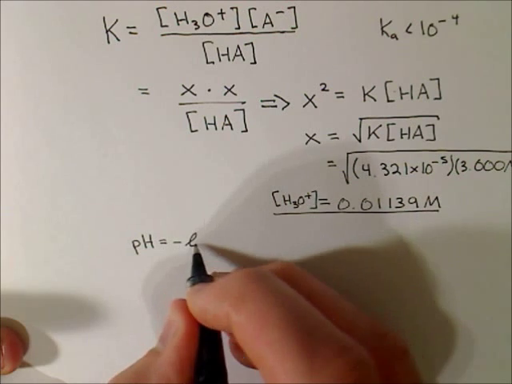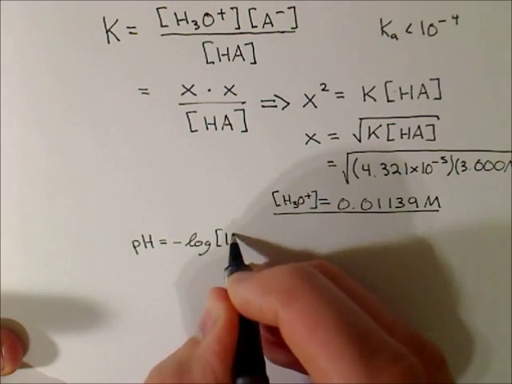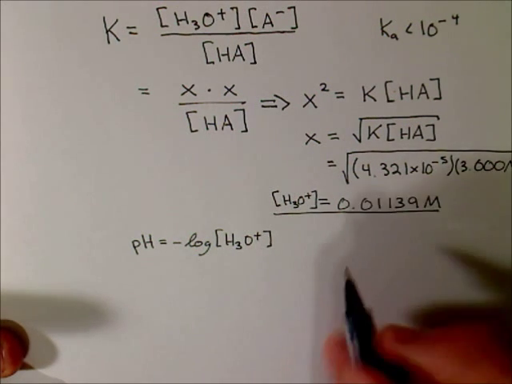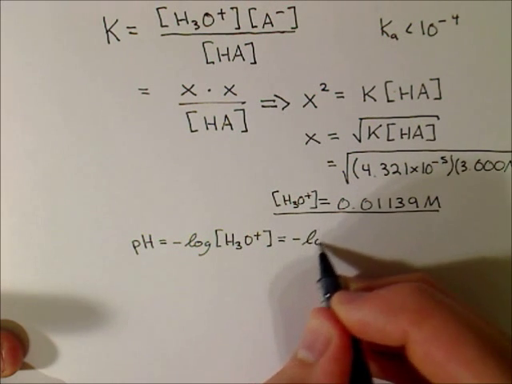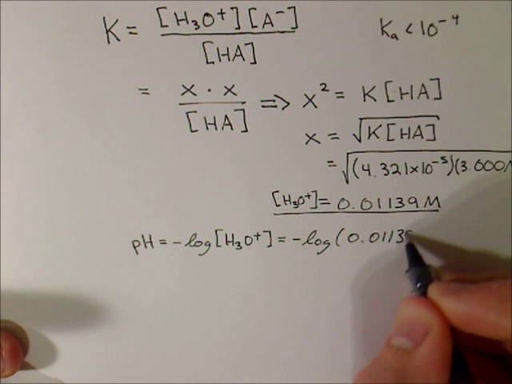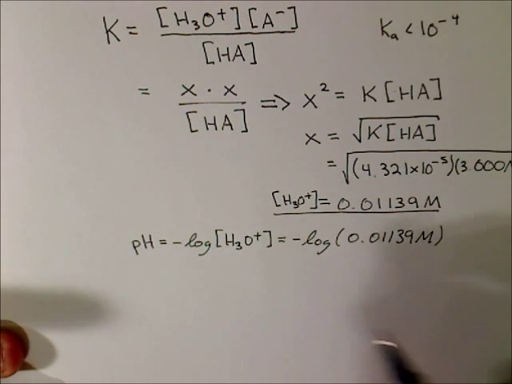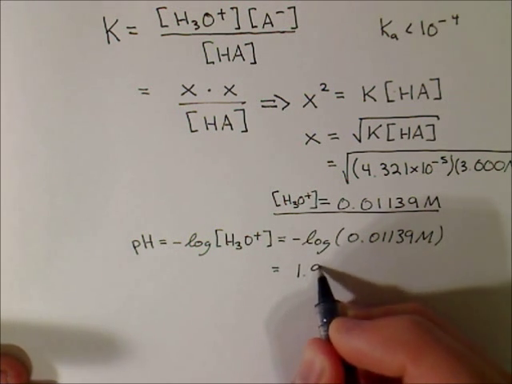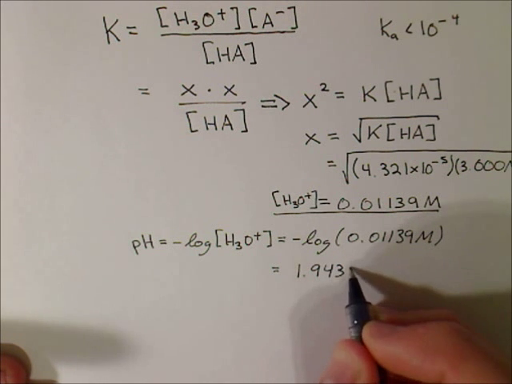pH is just the negative log of H3O plus. So, and when we do that, we get 1.9435.